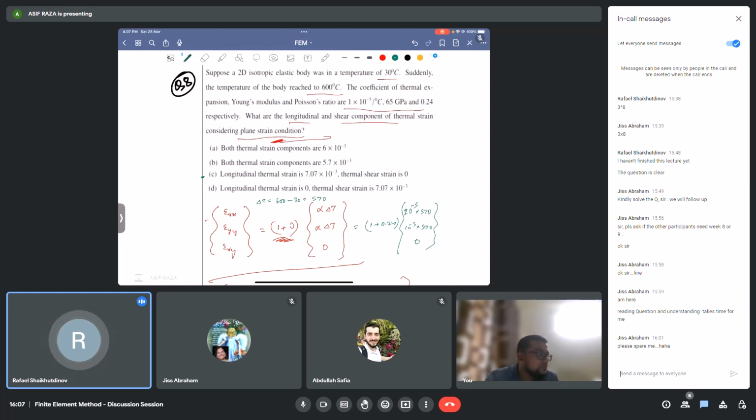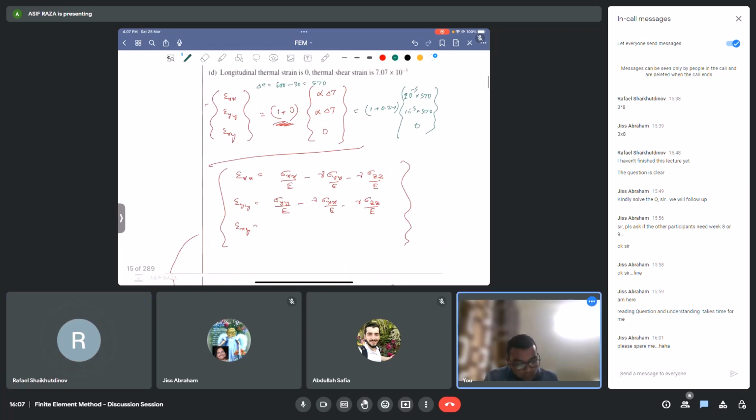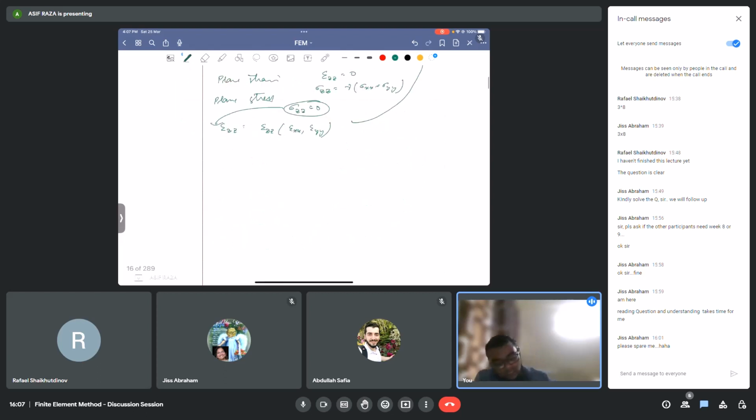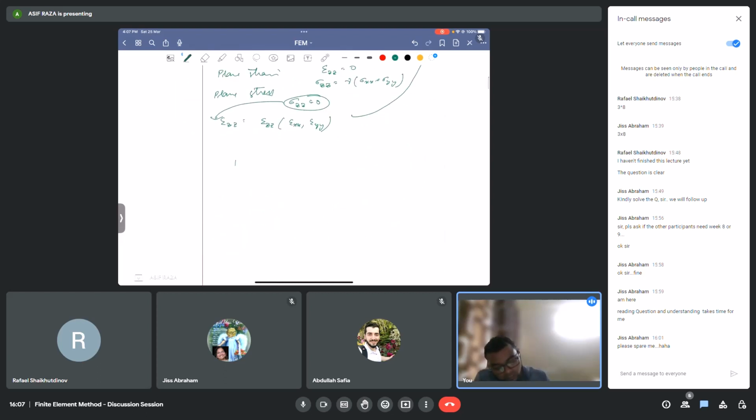Sorry, this is one plus nu, which comes from the second equation at the bottom. I just missed the connection. Where does one plus nu come from? I haven't said it directly. If you see, what do you call this thing?